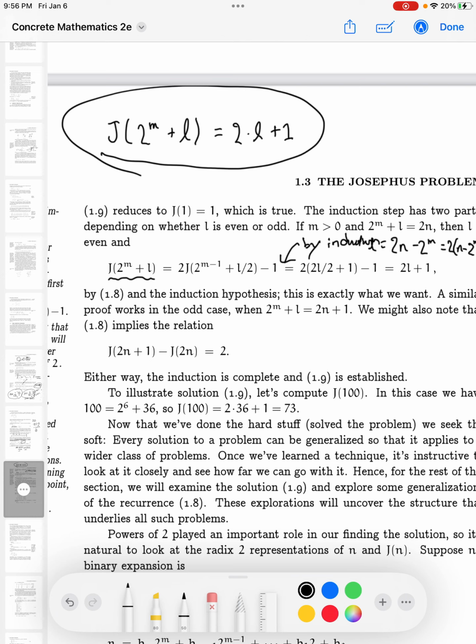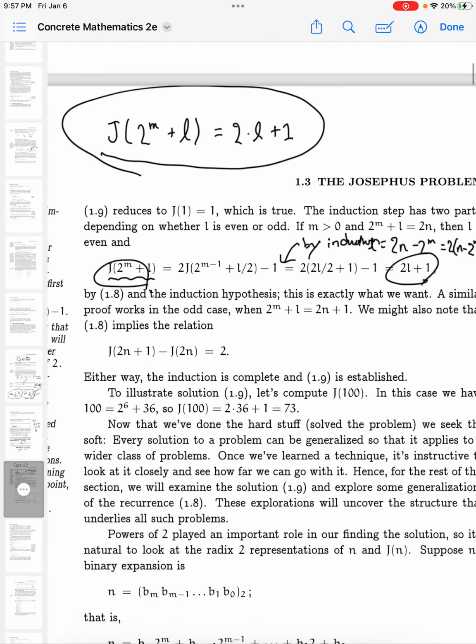So we can rewrite it as 2 times what's left over, L over 2, plus 1. Again, we rearrange it, then it is now 2 times L plus 1, proving our formula above. So by 1.8 and the induction hypothesis, this is exactly what we want.